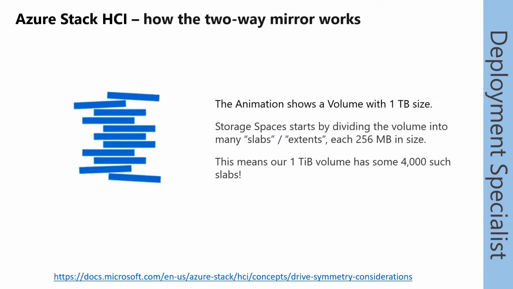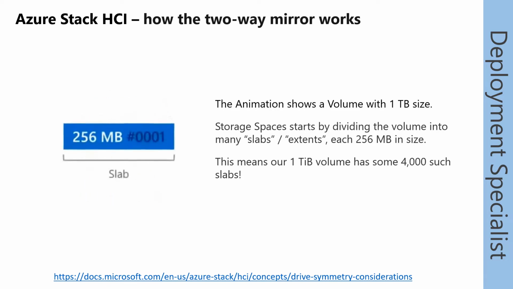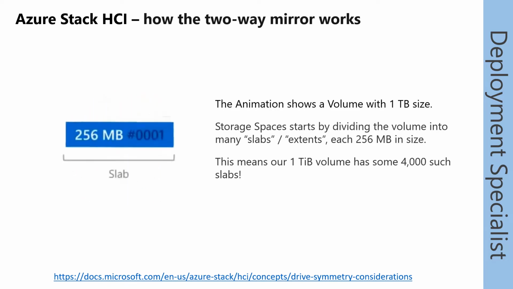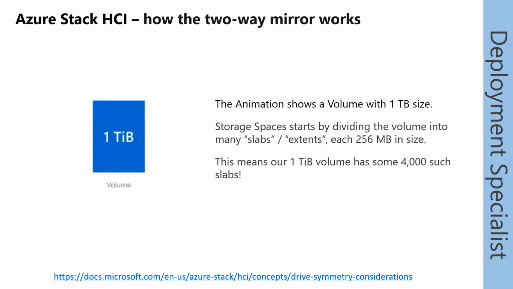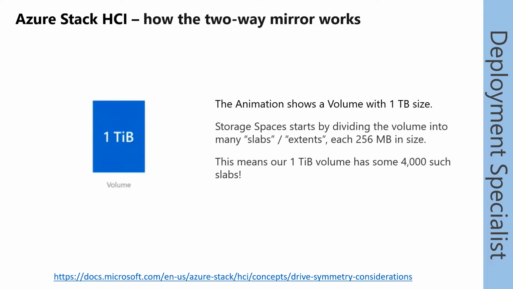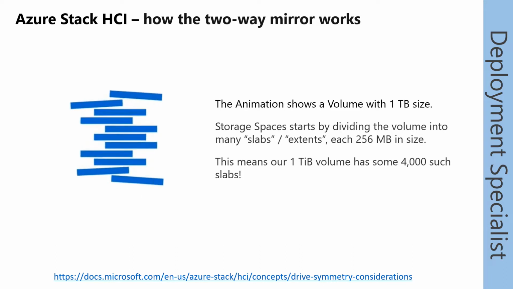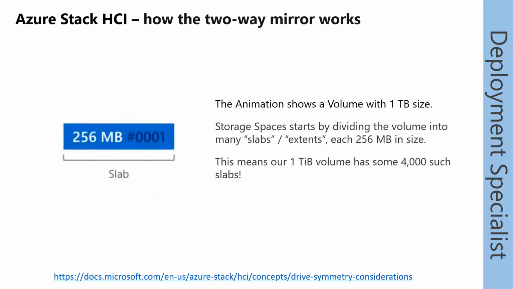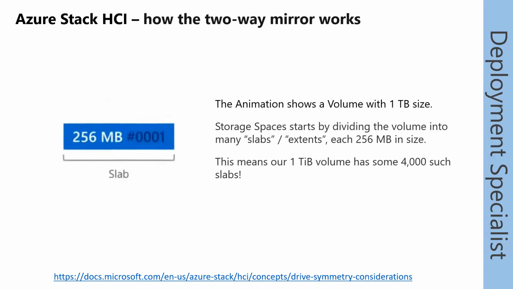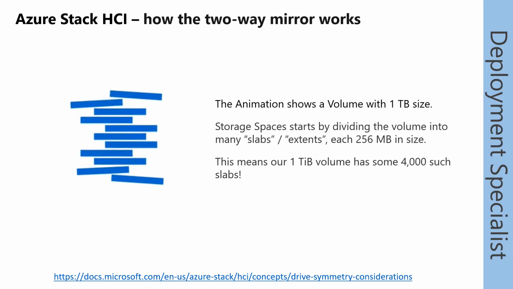Because when we are creating volumes, Storage Spaces Direct in Azure Stack HCI distributes these volumes by splitting the volume into slabs or extents with a size of 256 megabytes. These pieces are called slabs or extents.